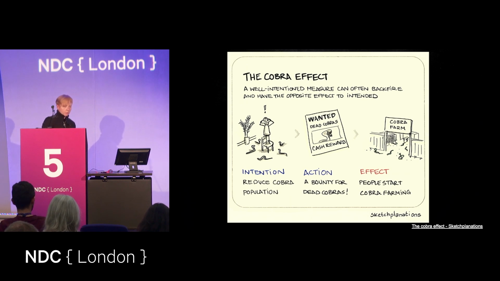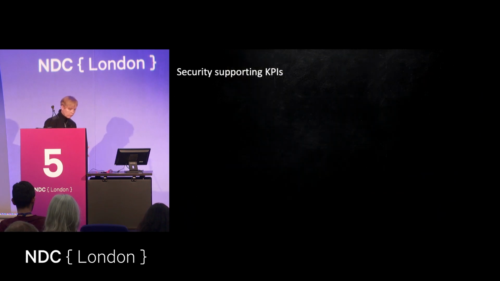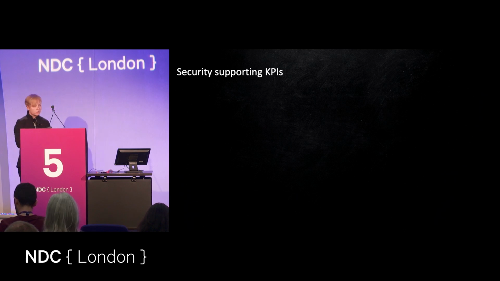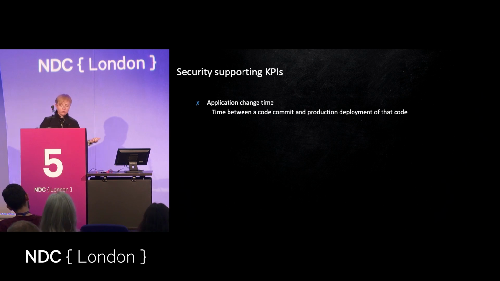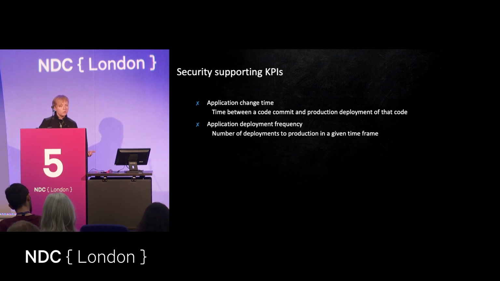Since we are speaking about development security, security is nothing without development, right? And that's the reason why we need to have some supporting KPIs. You cannot measure security in just a narrow way. You need to see the full picture. How is your development going? And what is your application change time? Like, what is the deployment frequency? So how often do you go to production?